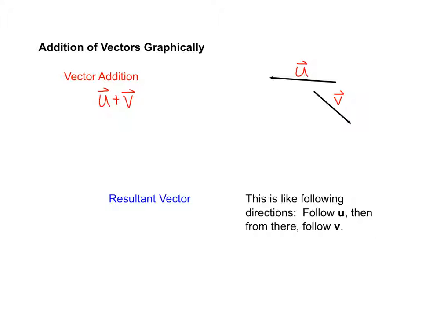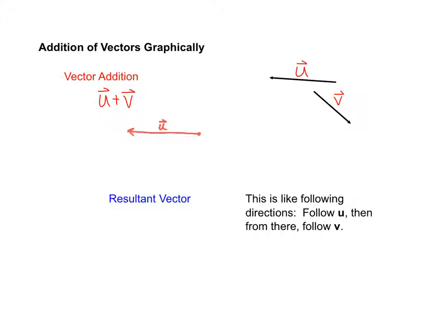We'll do it with numbers actually more often, but I want you to get a visual idea of what's going on here too. So if I wanted to do u plus v, what I would do first is draw vector u like this. There's vector u. And then, just like you would if you were driving and following directions, I go from wherever I ended up, which is right here, and then I go along this vector v.